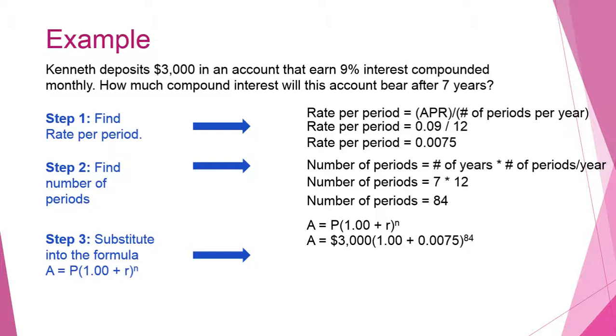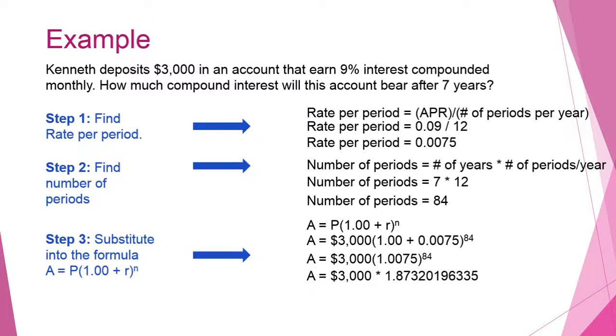Now we need to use PEMDAS to solve for A. PEMDAS, P comes first, so we need to do what is inside the parenthesis. So we add those together and we get 1.0075. Next is E, which is exponent.